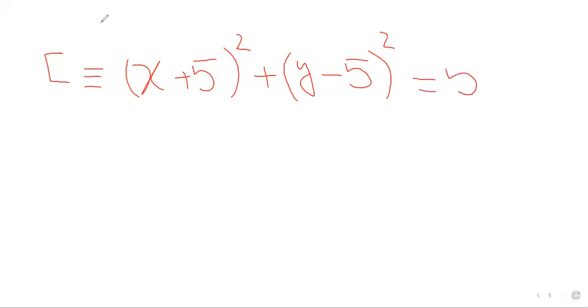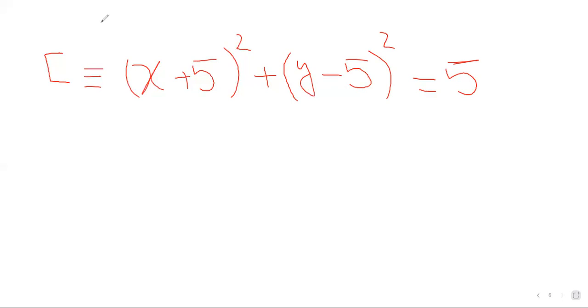This is the equation of the circle in the standard coordinate plane. So we have just drawn the coordinate plane in the previous problem. So what is the center of the circle?